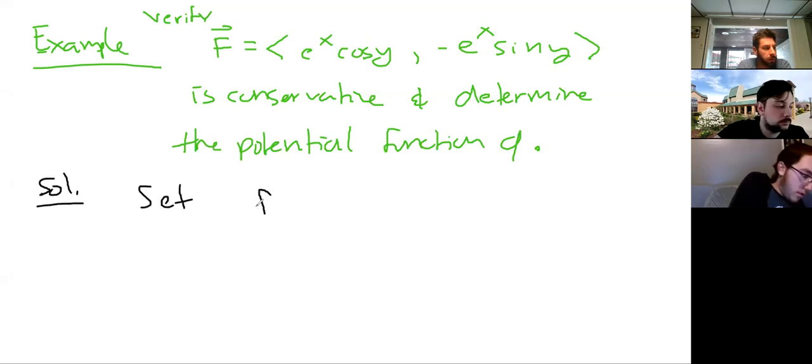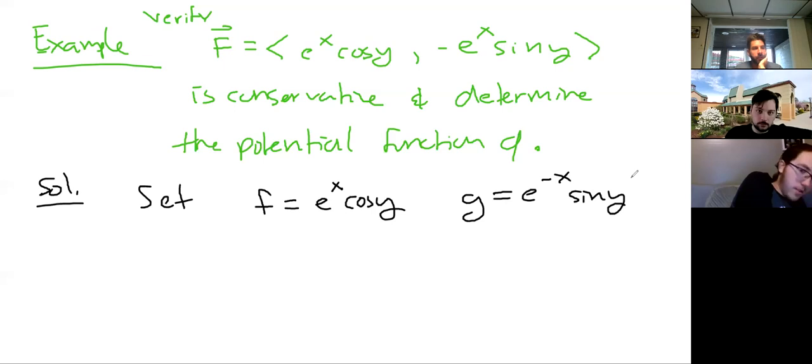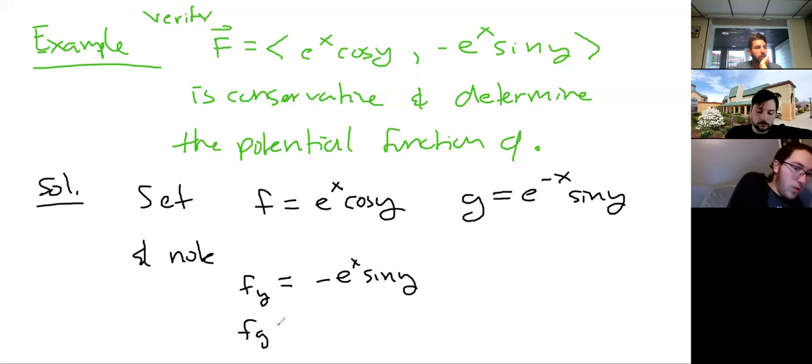So once again, I'm going to set F equal, and I'm going to stop writing the independent variables when the context is clear, just because it saves us space. So we know g is a function of x and y, and F is a function of x and y. So the partial of F with respect to y is negative e to the x sine y. And the partial of g, excuse me, say what you mean and mean what you say, Brady.